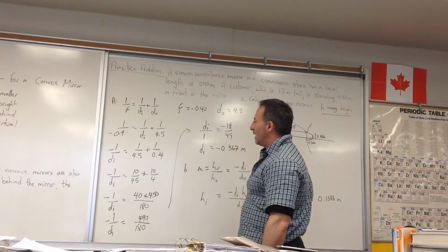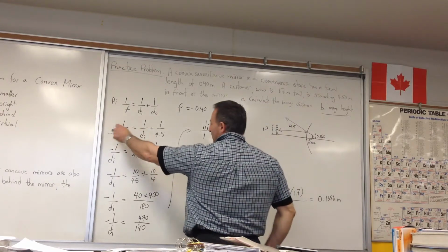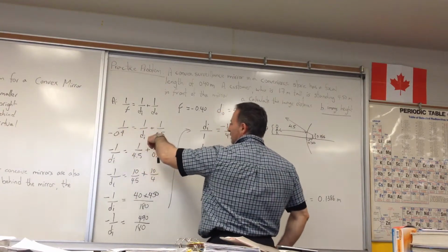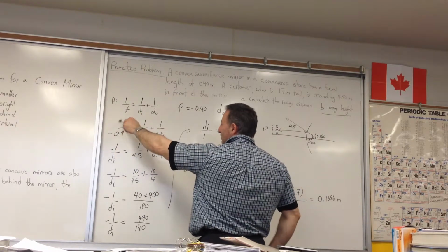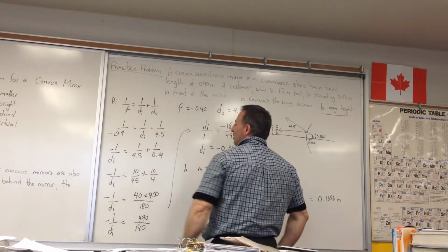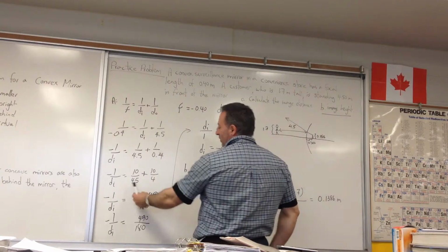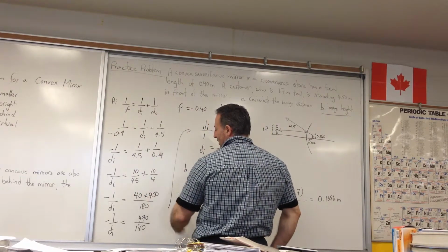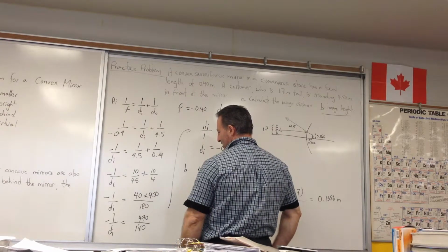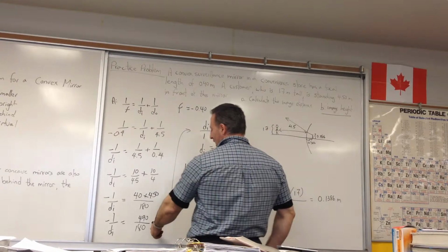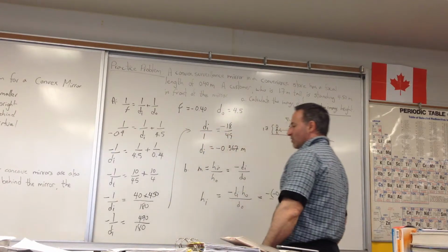We then transposed the di to isolate it. We brought the f to this side, so it becomes from 1 over negative 0.4 to 1 over positive 0.4. Find a common denominator of 180. We multiply both top and bottom by the numbers necessary to get the correct numerators, and it totals up to 490 over 180.